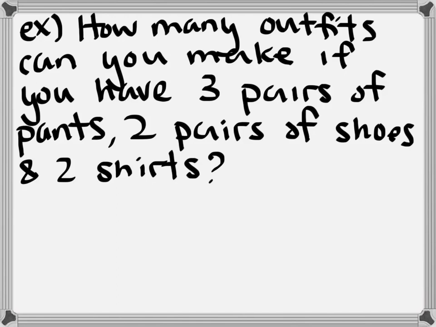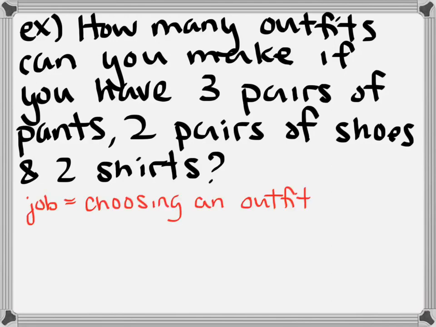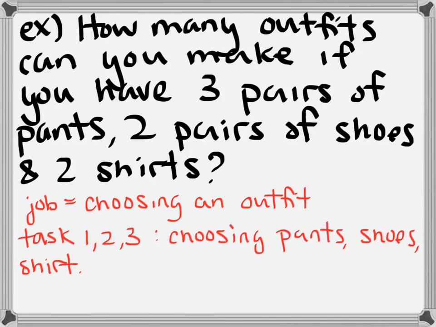Well, last time we did an example with a tree with the outfits. But if we needed to choose a pair of pants, we have 3 ways to do that. So the jobs here are actually choosing the outfits. The first task, choosing the pair of pants, the second task would be choosing the shoes, and the third task would be choosing a shirt.